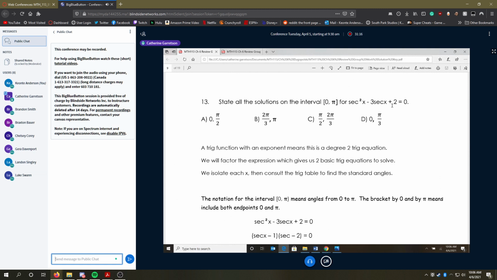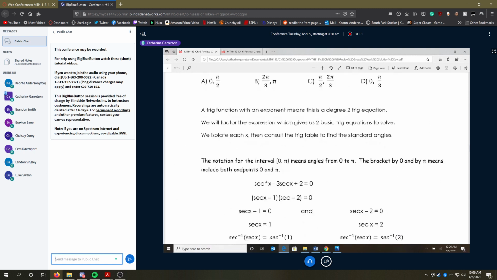I'm going to reverse FOIL. So I think what times what is secant squared? Secant and secant. Now I'm going to multiply and get 2, but I have to add and get a negative 3. So that would be a negative 1 times the negative 2 is a positive 2, but they add and give me a negative 3.